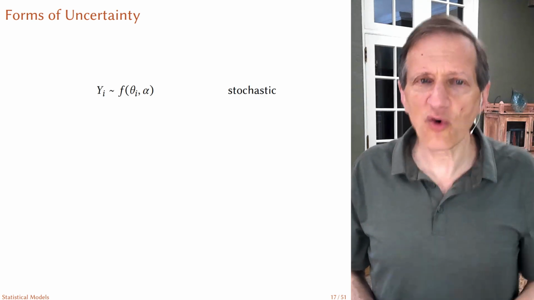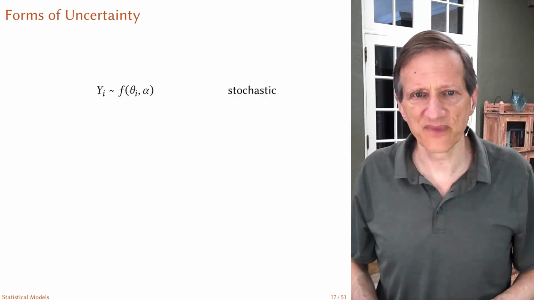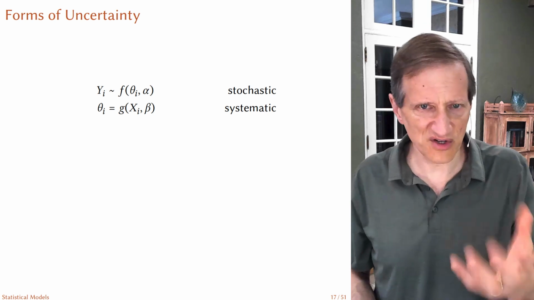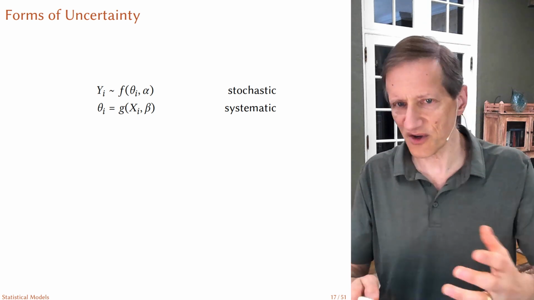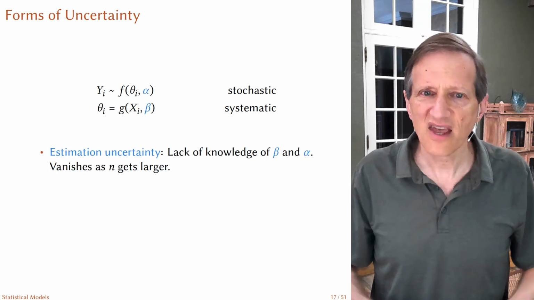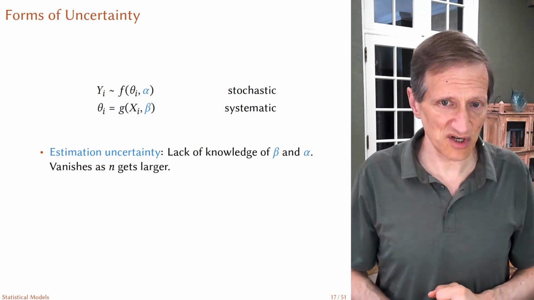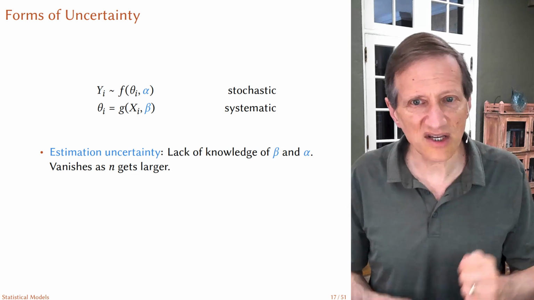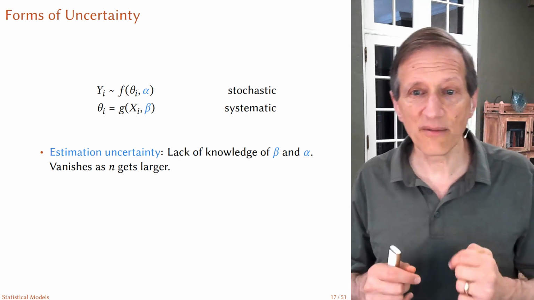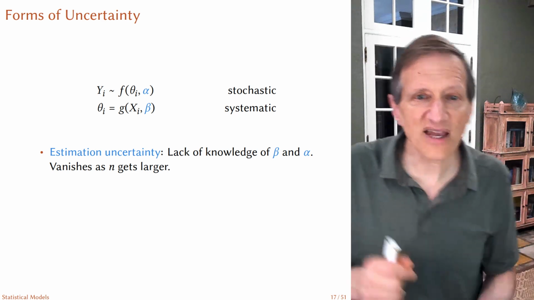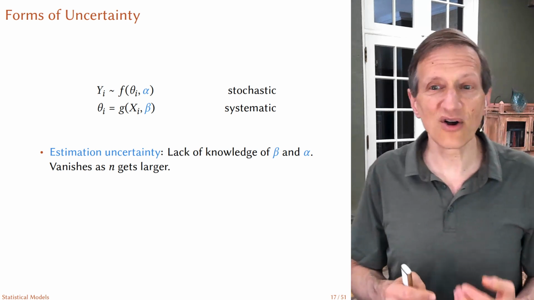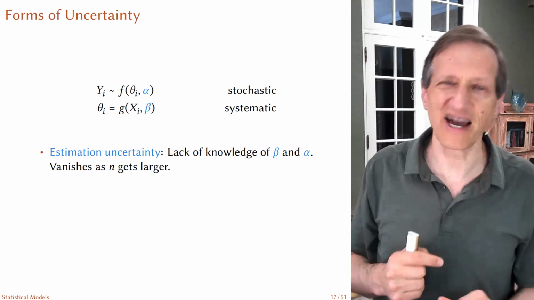Okay. In all these models, there are important forms of uncertainty. Remember, this is our alternative statistical model, our stochastic component and systematic component. Well, this model always has estimation uncertainty. Estimation uncertainty is the lack of knowledge about beta and alpha. Estimation uncertainty comes because of your failing and mine.